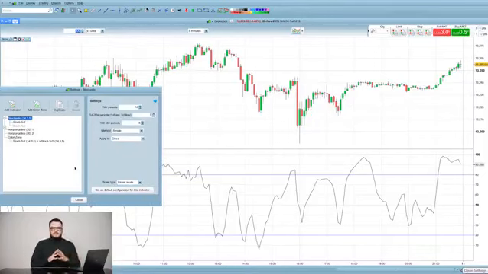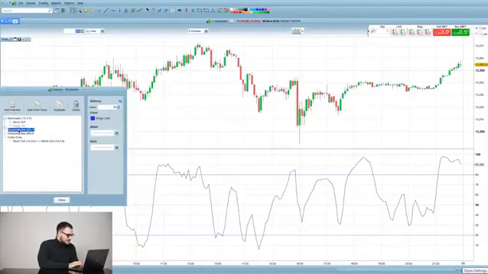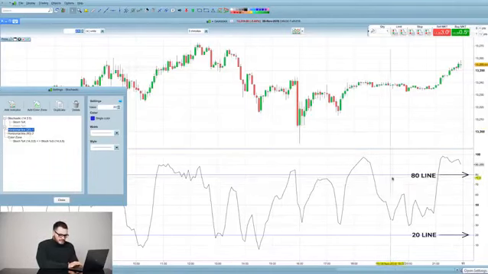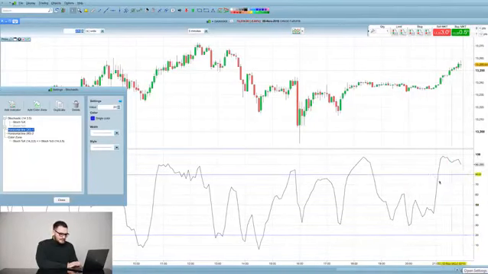A few things that I would like you to add right away to your stochastic are a few horizontal lines. We have two horizontal lines already, and those are the 20 and the 80. The stochastic values are from 0 to 100.